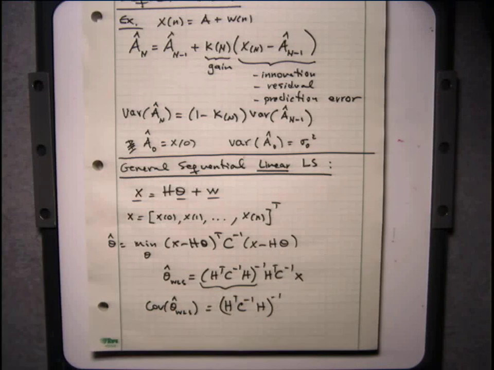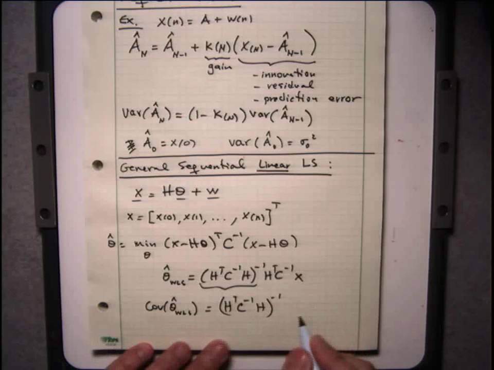To make things simple, I'm going to assume that this covariance matrix is diagonal. In other words, the data points x0 through xn are not correlated with each other, but I'm going to let the variances for these be different. So this is a special case.